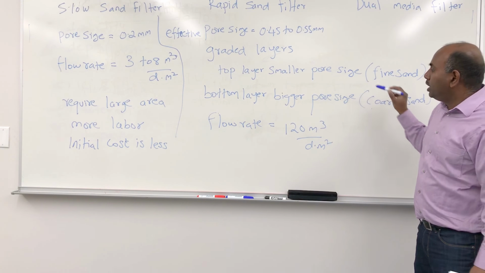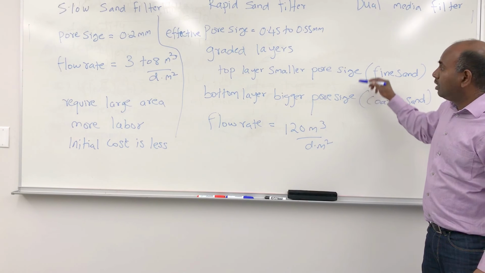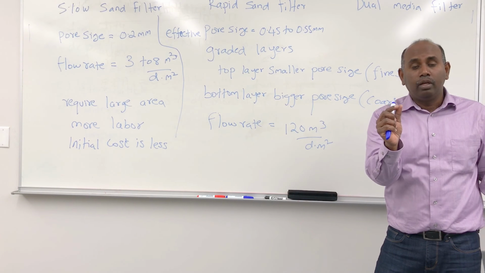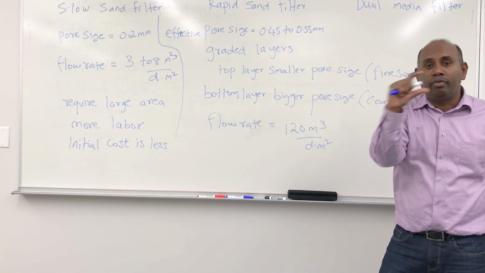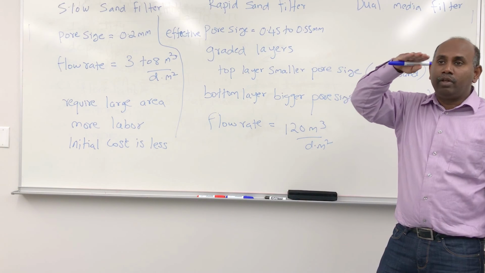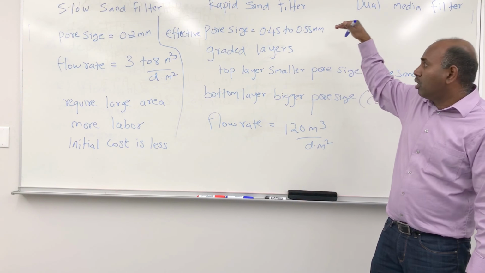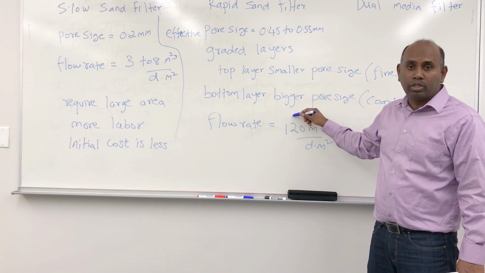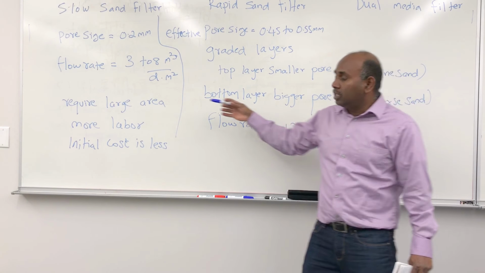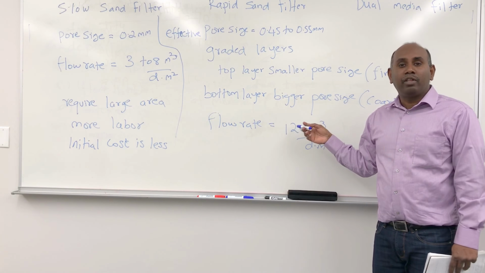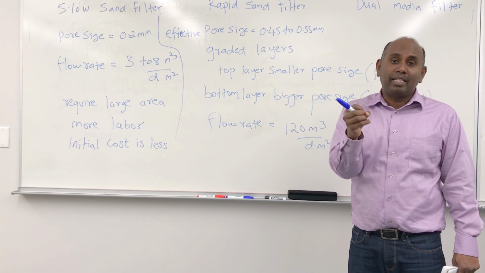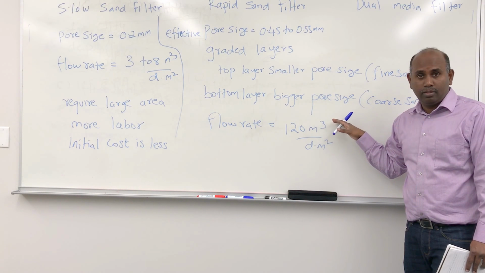But even before we take advantage of the bottom layer, the top layer can get clogged because it is smaller in opening, so particles are trapped in the fine sand layer and eventually it gets clogged. And if the fine sand layer is clogged, water cannot pass through and get to the coarse sand layer. So it is more efficient than the slow sand, but still we have the problem of the top layer clogging faster than the bottom coarse layer.